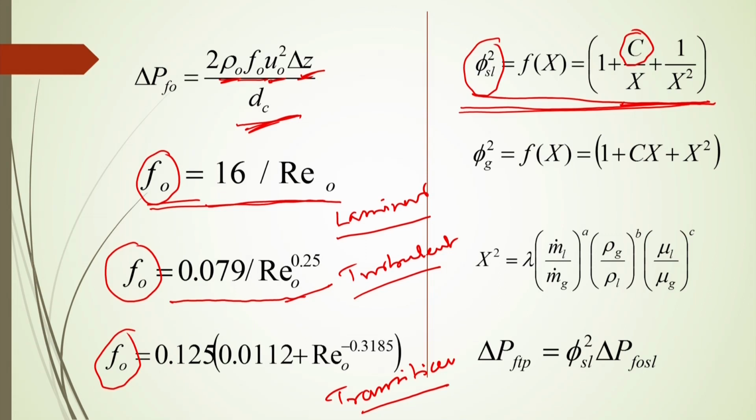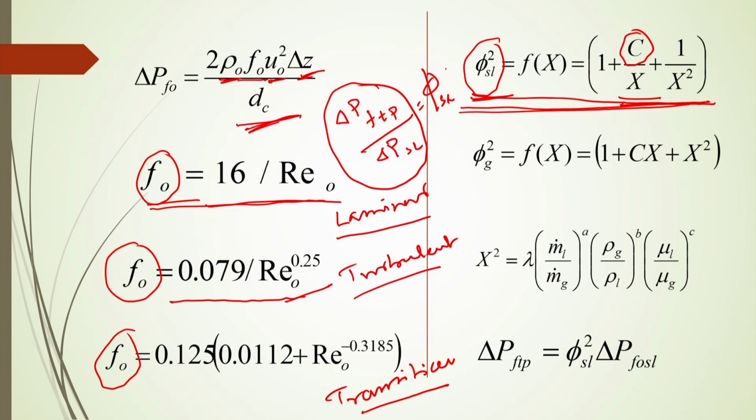See, if you know this x by this frictional pressure drop of single phase, and if you know this phi SL square, how to know this phi SL square? Because you know this total pressure drop delta P of three phase flow, and if you know this delta P of SL single phase flow, then this is the ratio, and this ratio is defined as phi SL square.